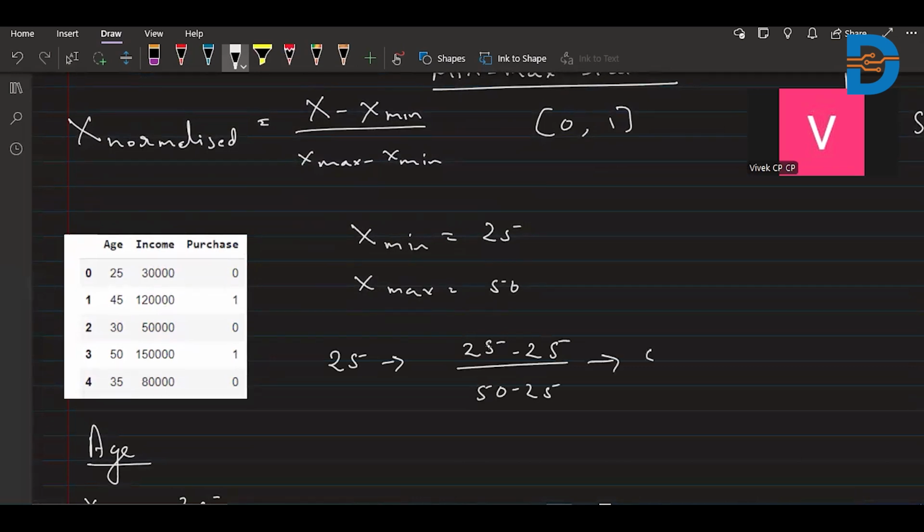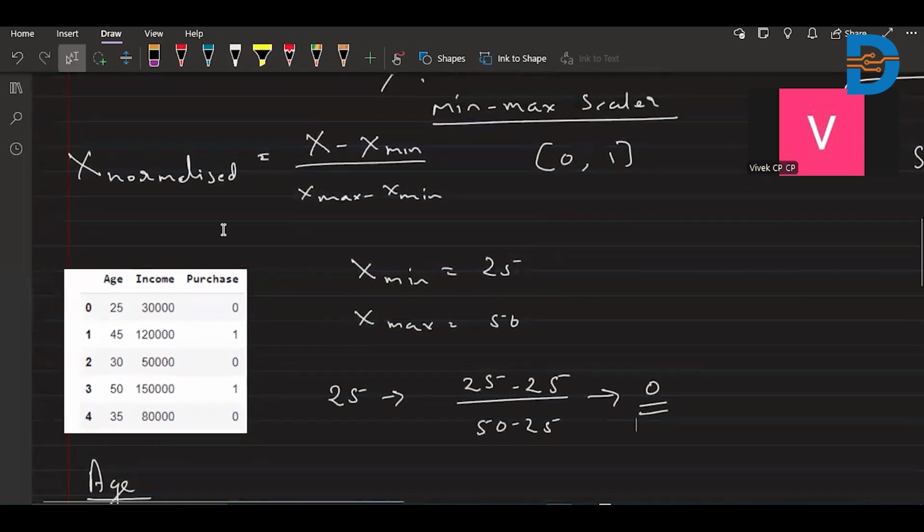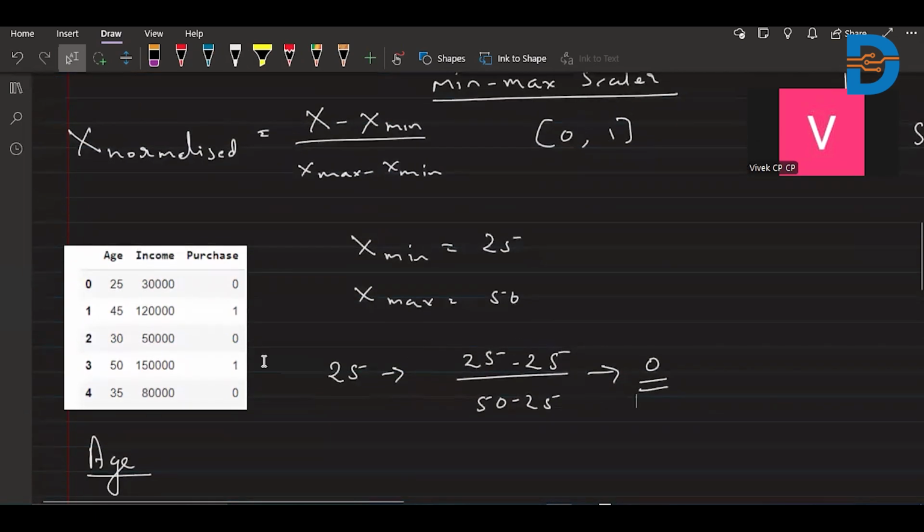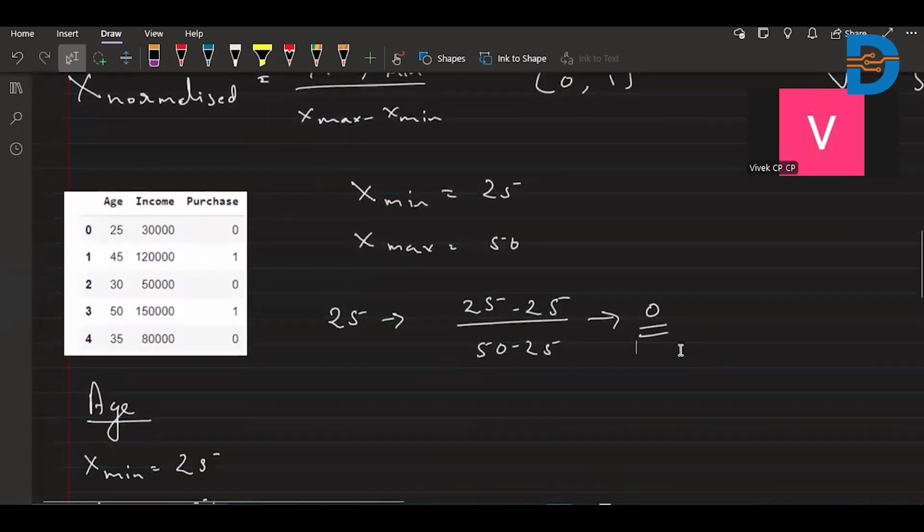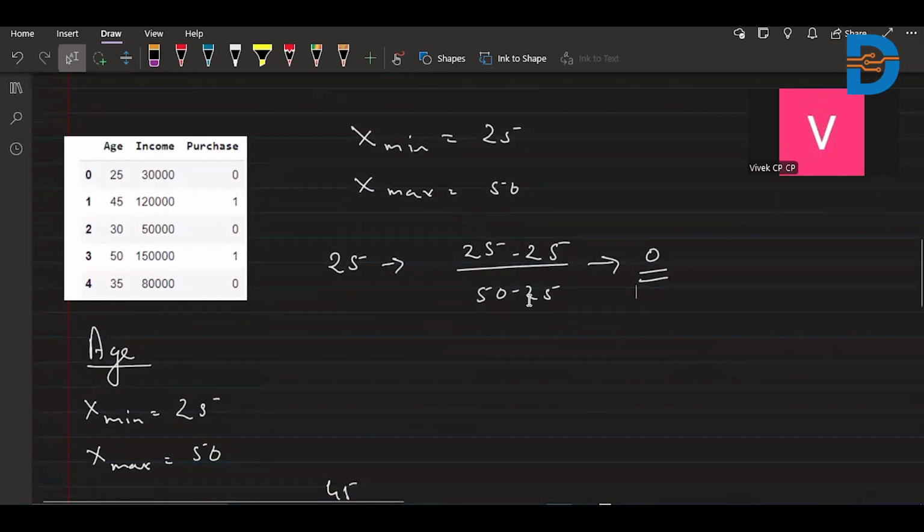So that is to say it is going to become 0, which is why I said that all your values in this particular age column are going to be scaled to values between 0 and 1. So obviously the minimum value in the feature, that is 25, is going to become 0. That is going to be the case in every feature when you are carrying out min-max scaling.